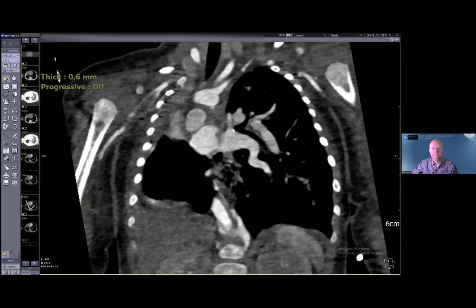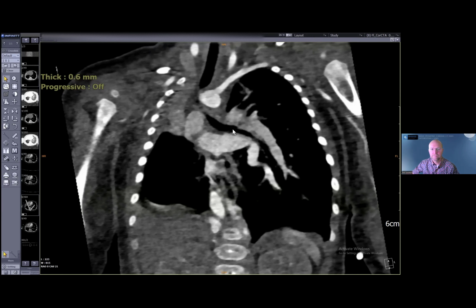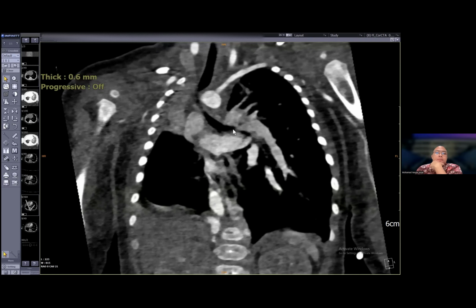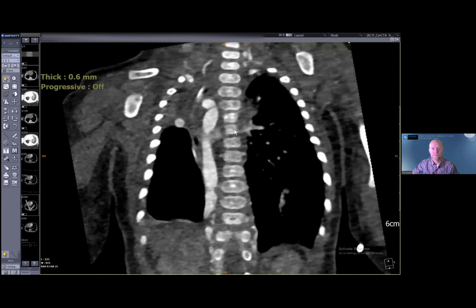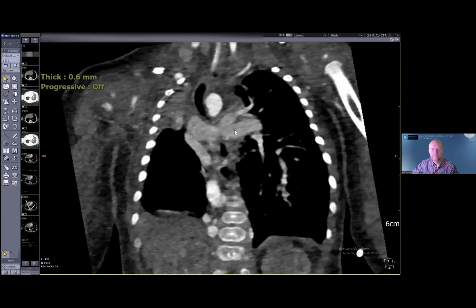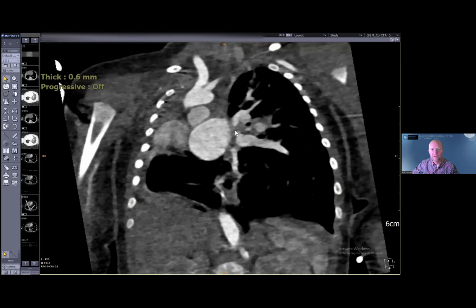And as you come more and more anteriorly, yeah. I'm going to the posterior side. Oh, now you're going posteriorly. Yeah. And then come back anteriorly.